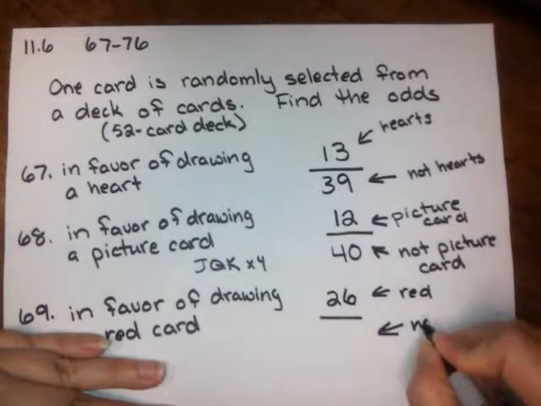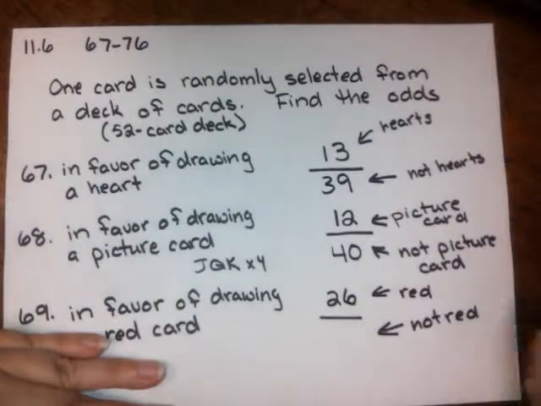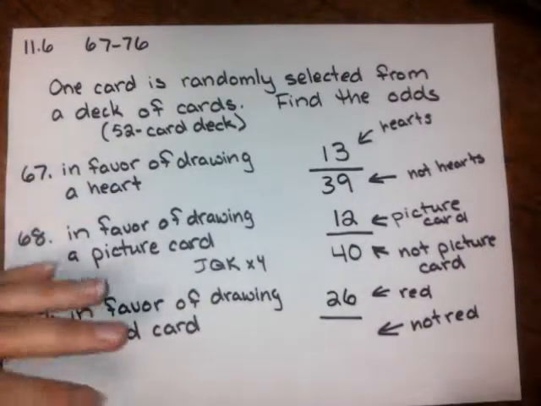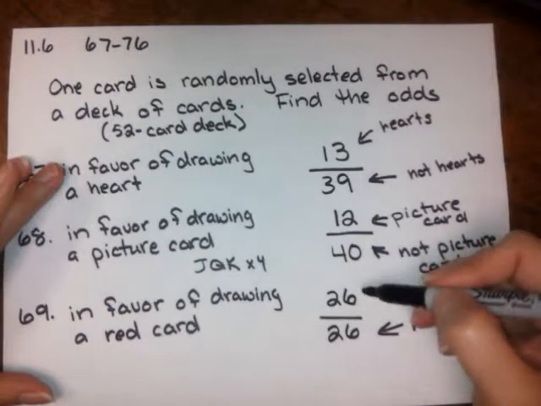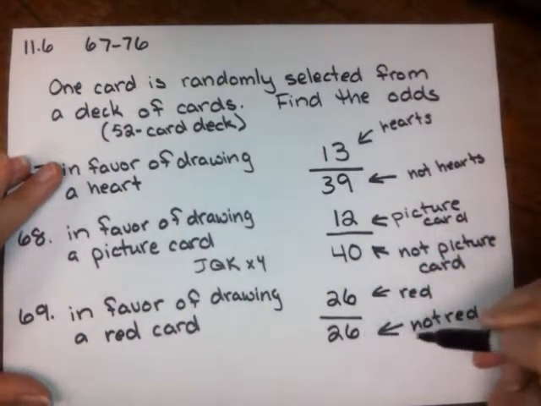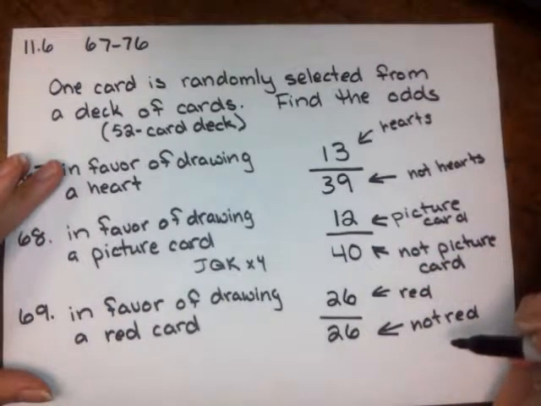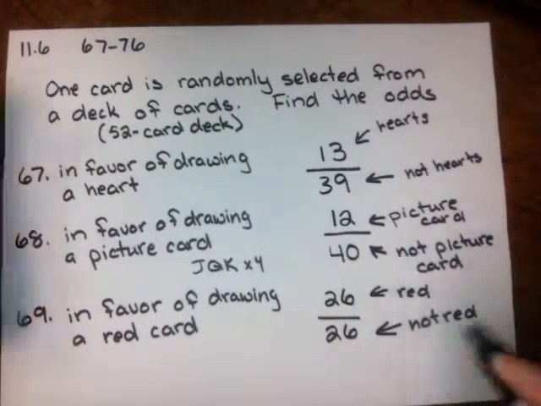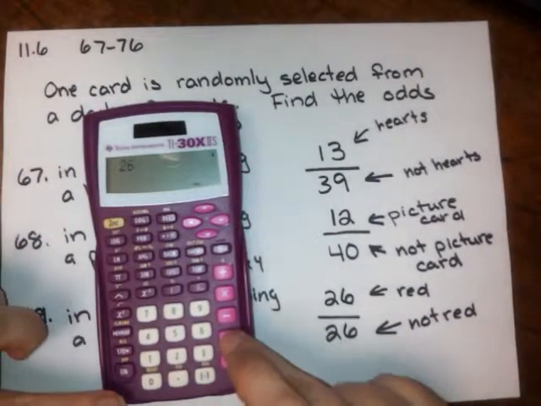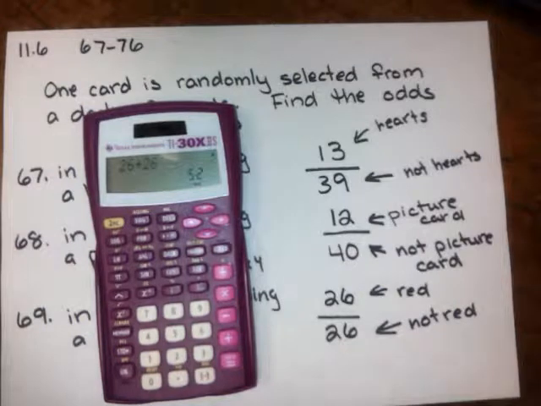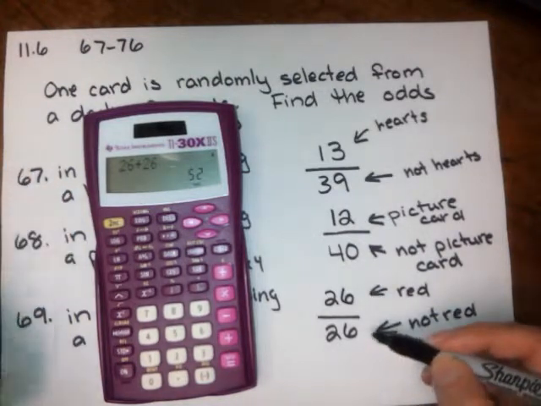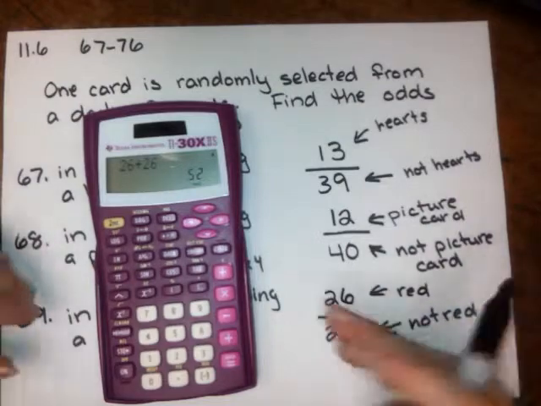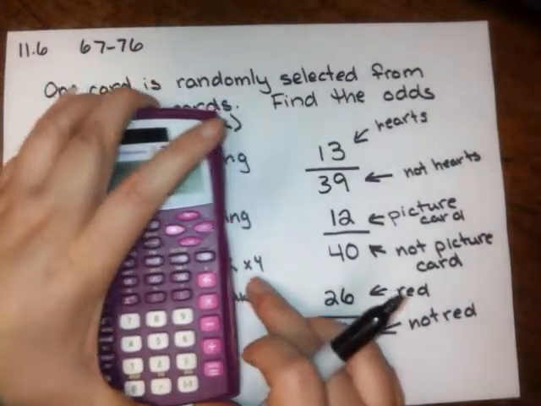Now how about not red cards? Well, actually there are 26 black cards in the deck. So our odds are 26 to 26 in favor of drawing a red card. And again, if you add 26 plus 26, you'd better get 52 back, because the number of successes plus the number of failures in that deck of cards has got to equal 52.